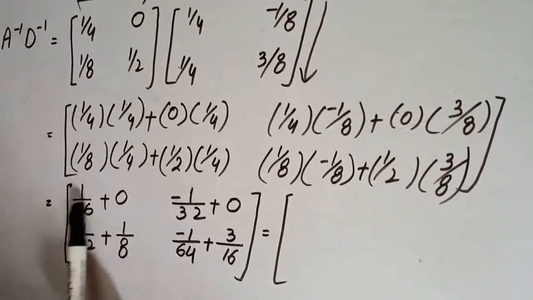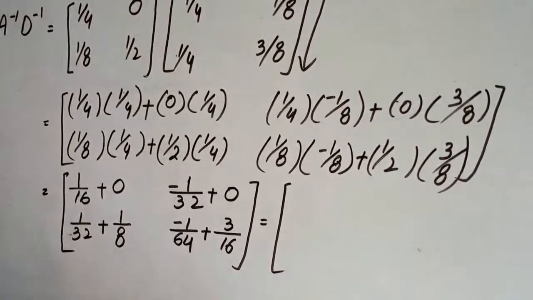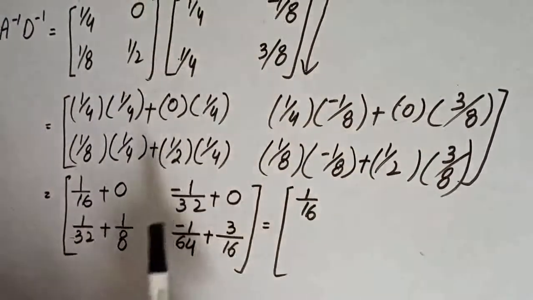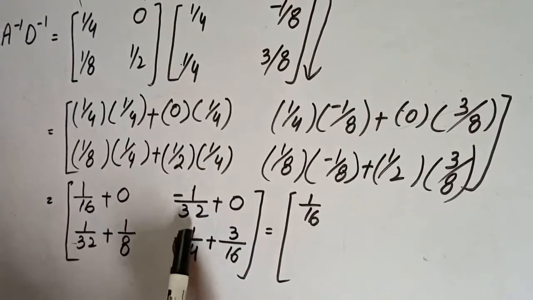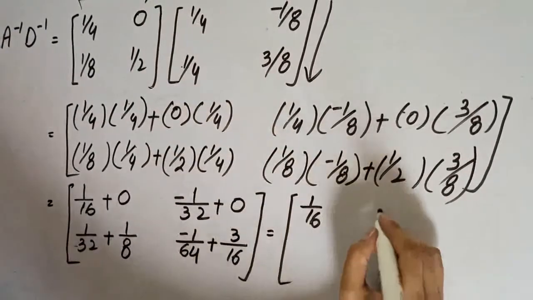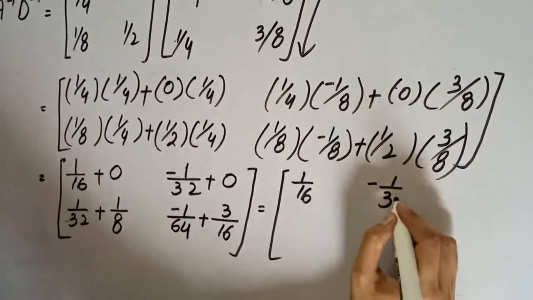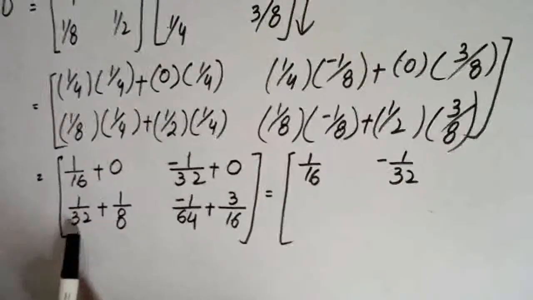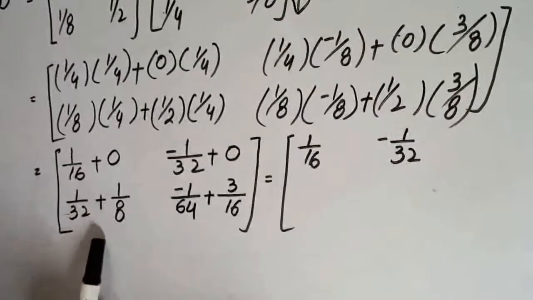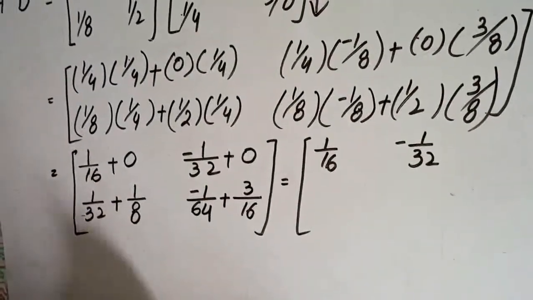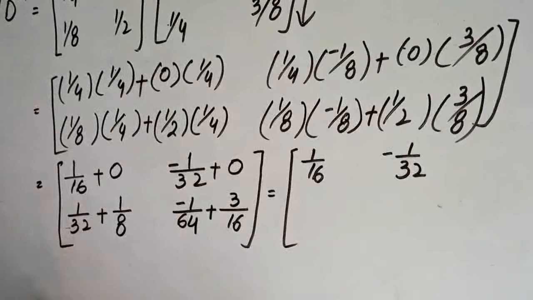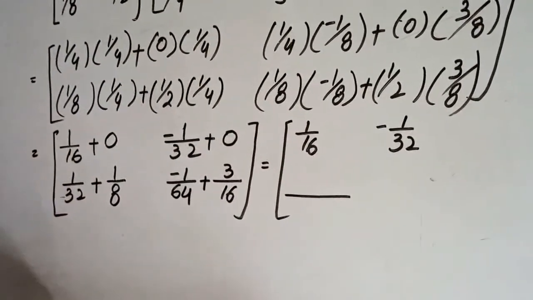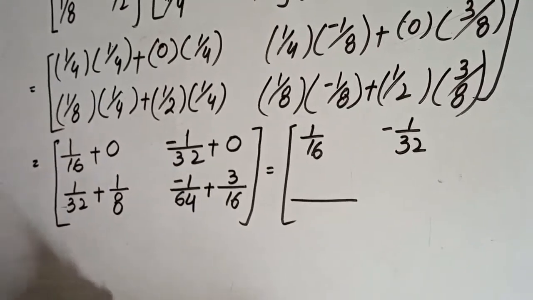Now we'll see here, if 1 over 16 and 0 are added, we will get 1 over 16. If minus 1 over 32 is added to 0, we will get minus 1 by 32. Here this is 1 over 32 plus 1 over 8. So here the denominators are different and it is an addition of fractions, so we are going to take the LCM of 32 and 8.